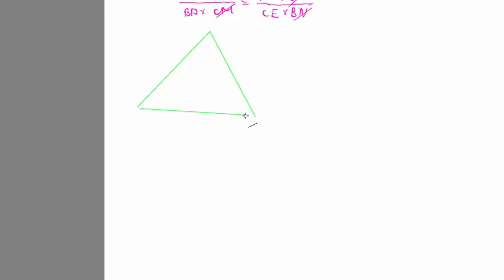Let's say this is what we knew. We know that AB divided by BC is equal to AD divided by CE.